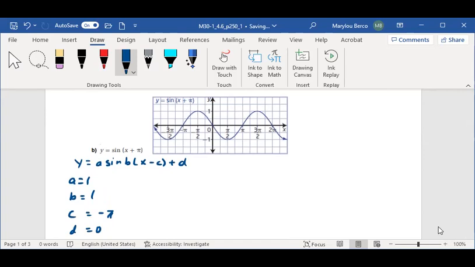Okay, so the phase shift is pi units to the left, pi units left, and no vertical displacement.